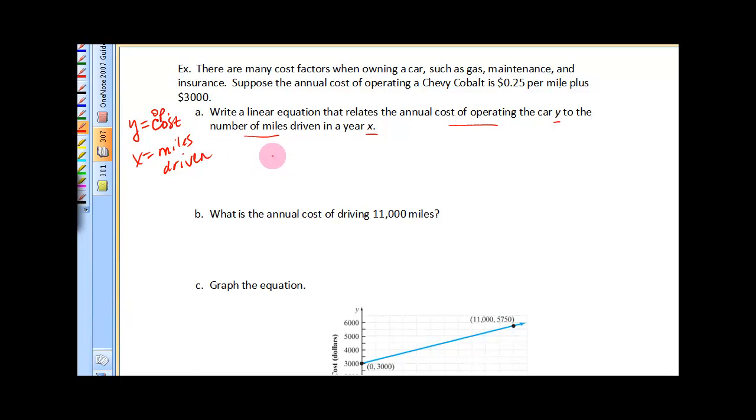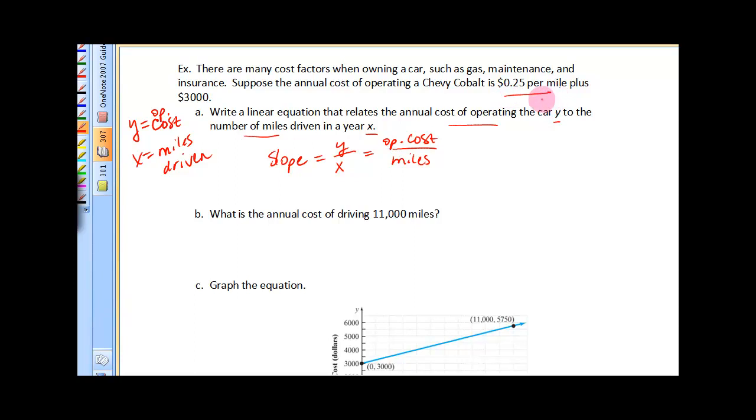So if I wanted to know slope, slope is actually the change in the y's over the change in the x's, which is really the operating cost over miles driven. And they really gave this to us.